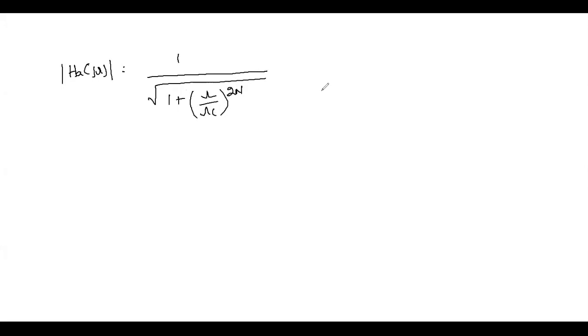Then I can write like this: 1 plus omega by omega c to power 2n, whole power minus 1 by 2. Then expand this. How will I expand?